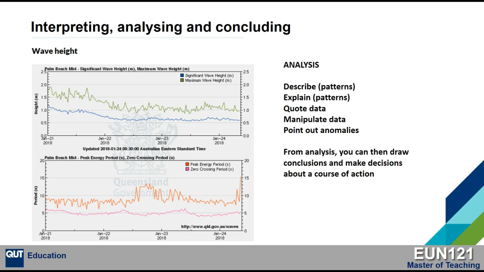And from the analysis, you can then draw conclusions and make decisions about a course of action. So if you're trying to prevent coastal erosion from happening again, what actions would you take for the future?